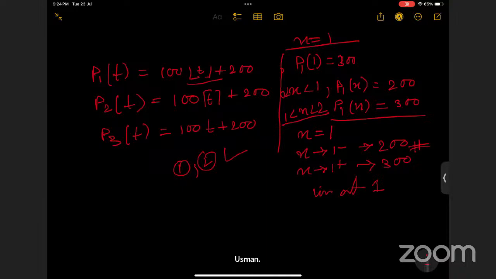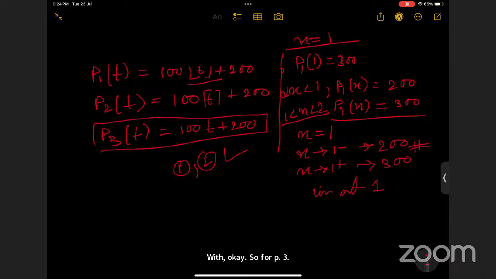Option 3, P3. So for P3, this is clearly a polynomial function, right? And we know a polynomial function is everywhere differentiable infinitely many times, right? So at 1, there will be the derivative and it is unique. Hence, the tangent exists at 1, right?